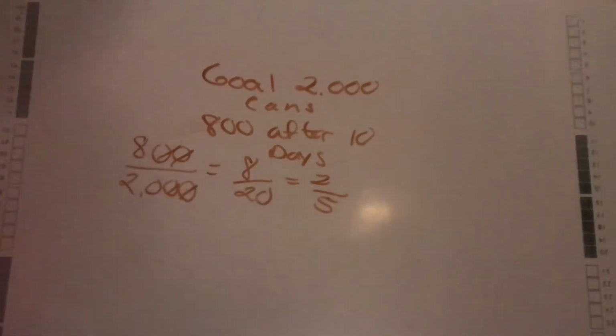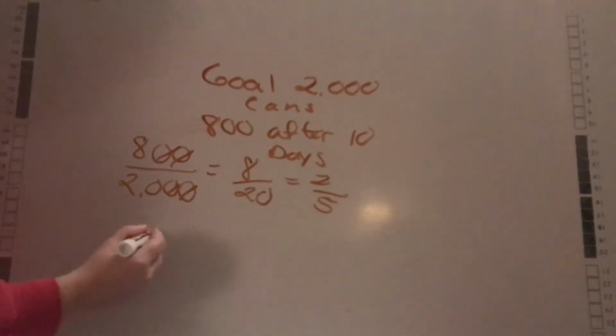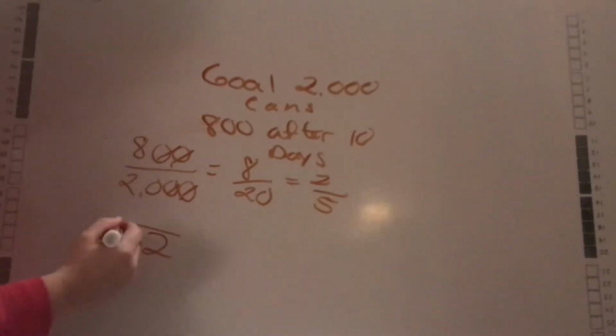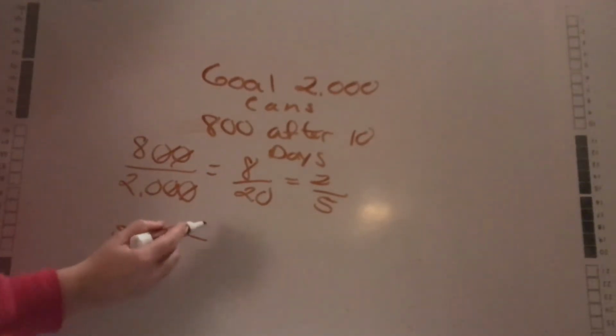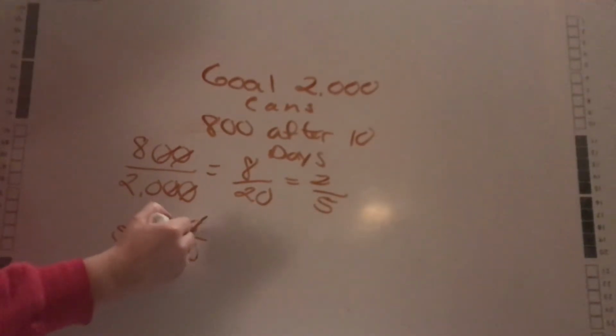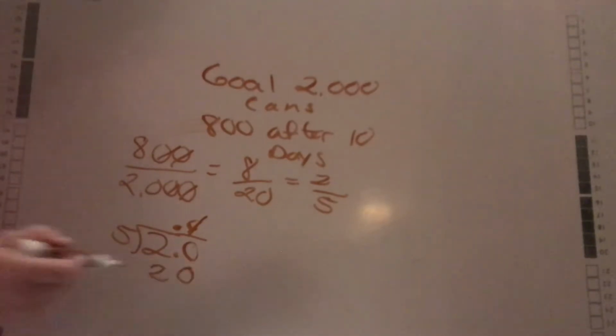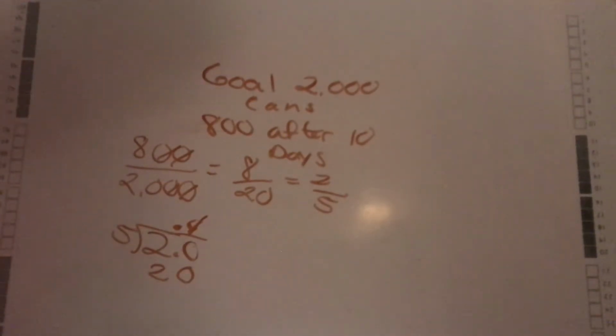So from 2/5, we could write that as a decimal. 2 divided by 5 is going to be 0.4. And then the last one is percents.